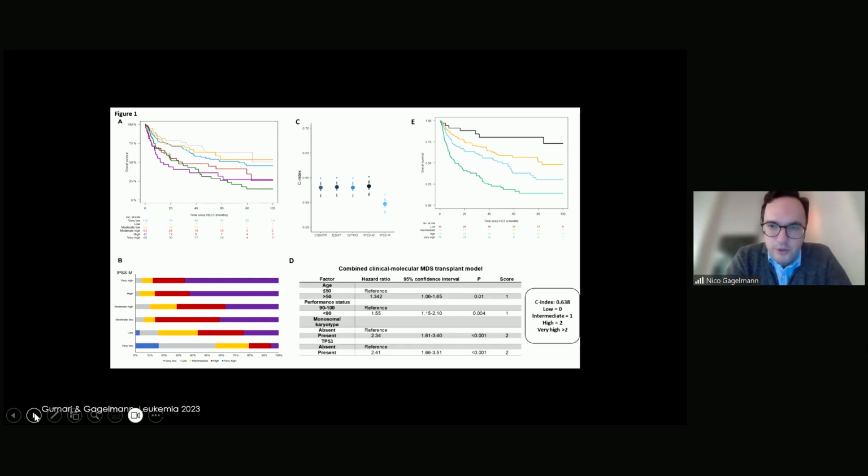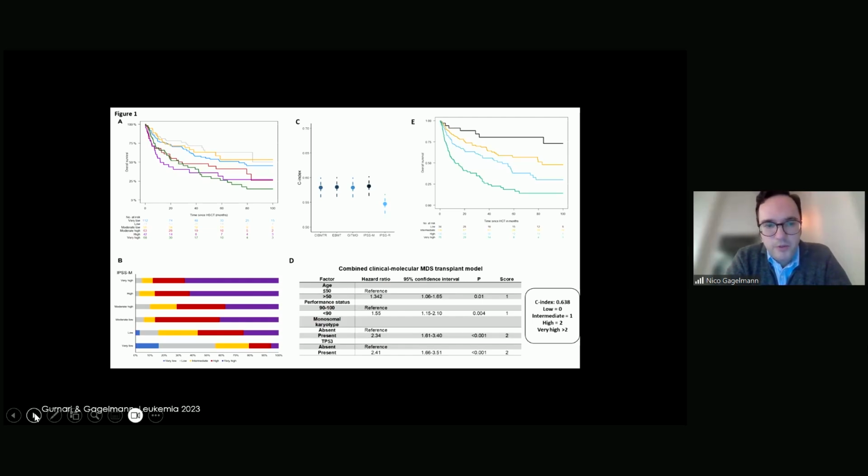What we could clearly show on the right-hand side at the top, but also on the bottom, where we just did a proof of concept, a simple molecular model for MDS transplant, that was also shown quite a few years ago by Matteo Della Porta and colleagues, is that if we really talk about the significant mutations, it is only the TP53 mutations.